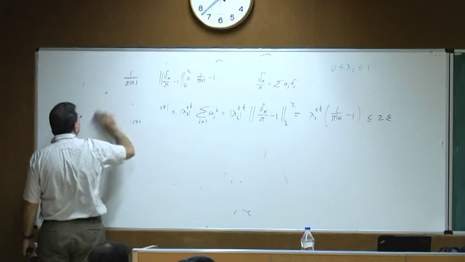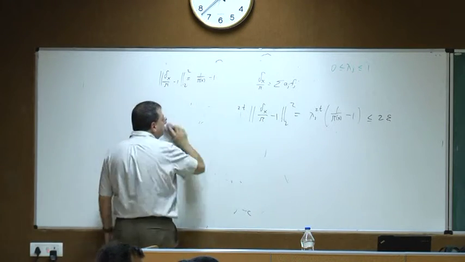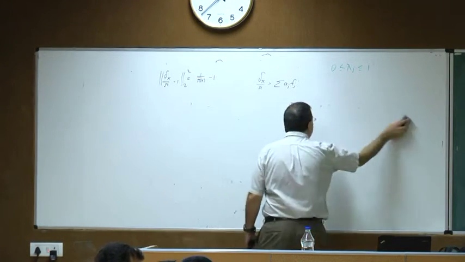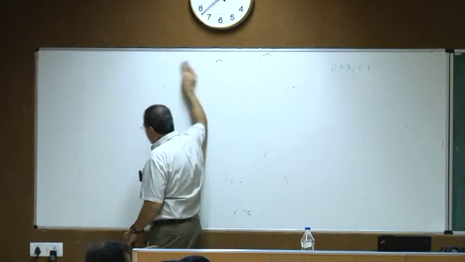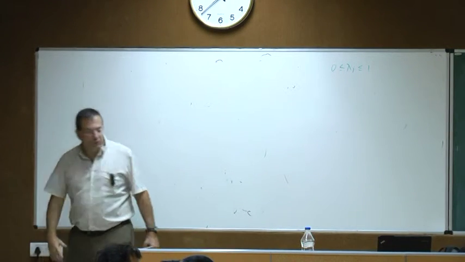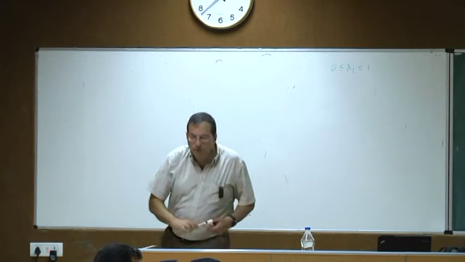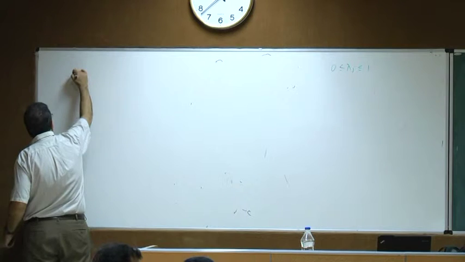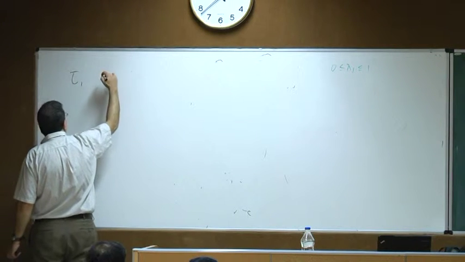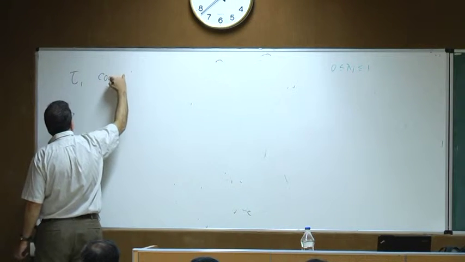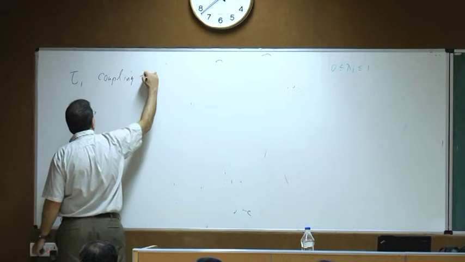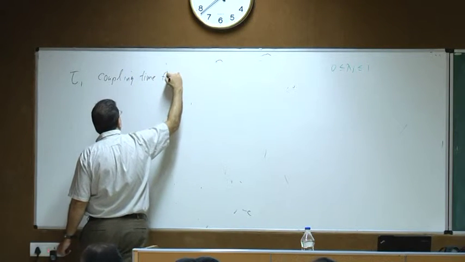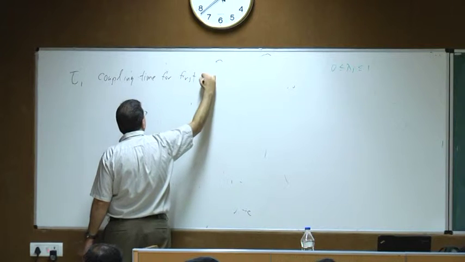Another way to explain it is if I just focus on one coordinate and ask, say tau 1 is the coupling time for, say, the first coordinate.